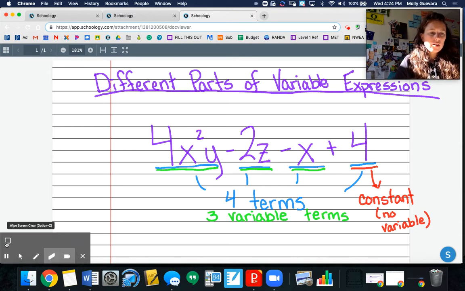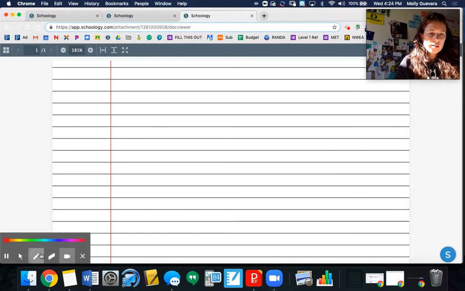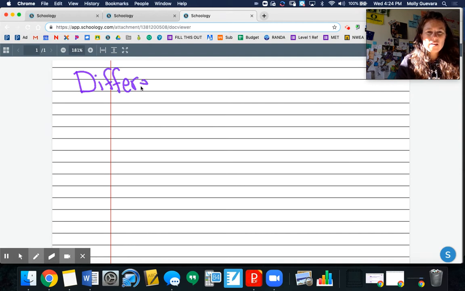So again, we're going to look at now what are the different parts of a term. So I'm going to clear this. I'm going to do this again. Okay, so different parts of a term.